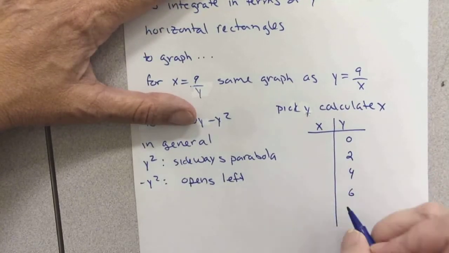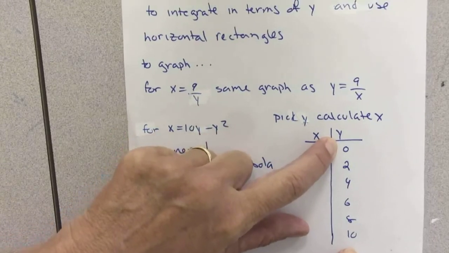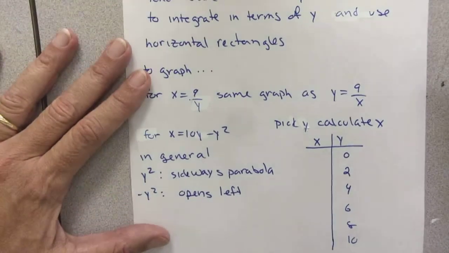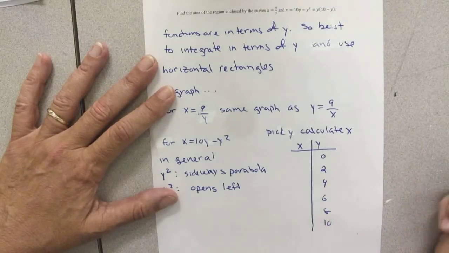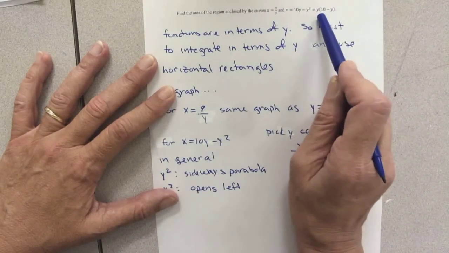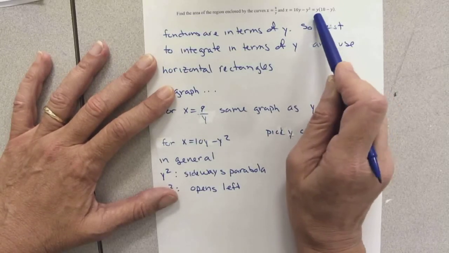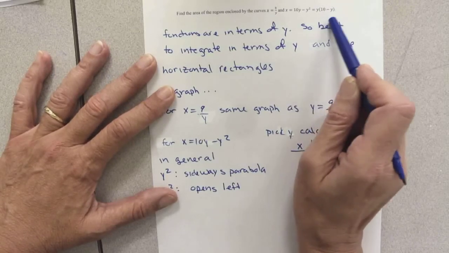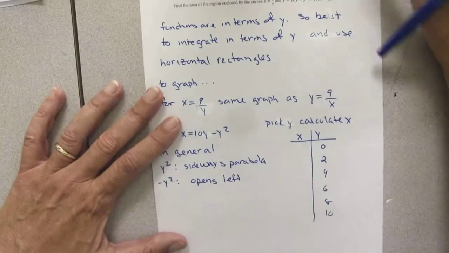I picked 0, 2, 4, 6, 8, going from 0 to 10, because those are going to be my y-intercepts. If I let y equal 0, I get 0 there, and if I let y equal 10, I get 0 there. That's why I went from 0 to 10; I decided those were the important numbers.